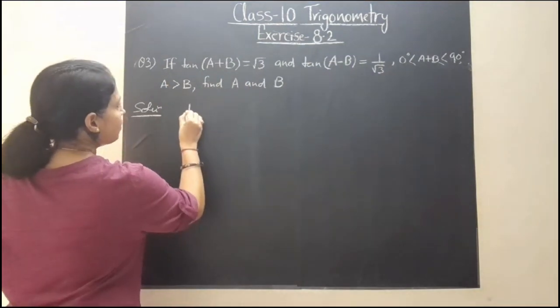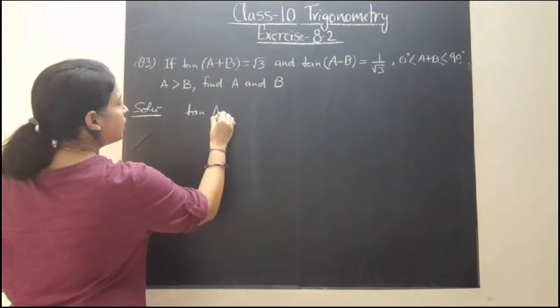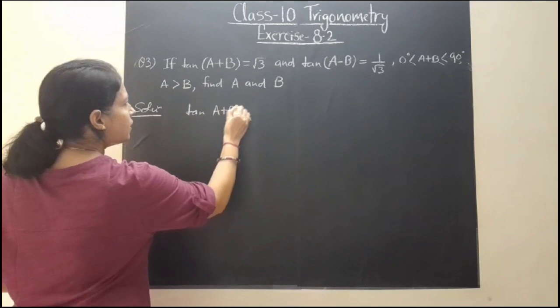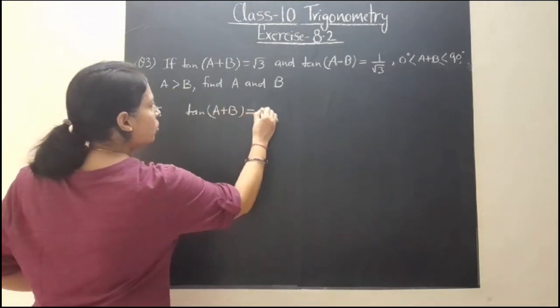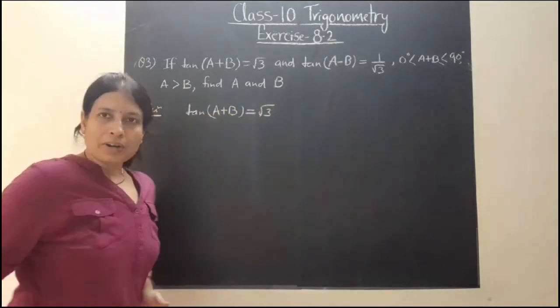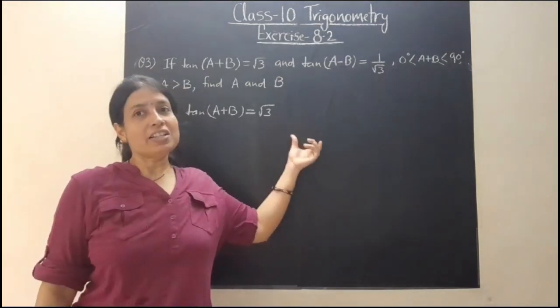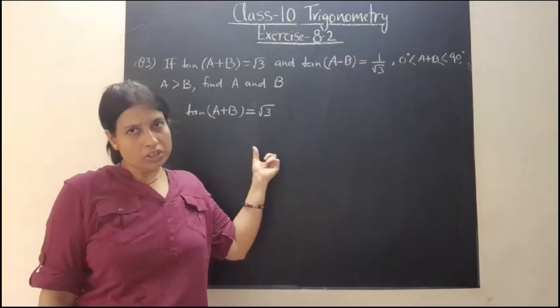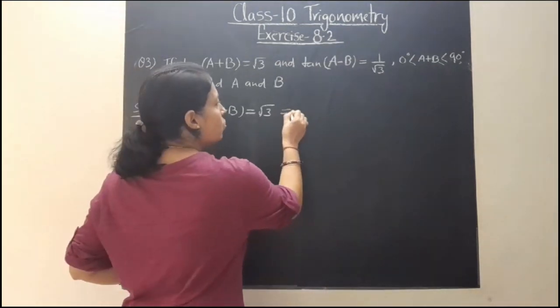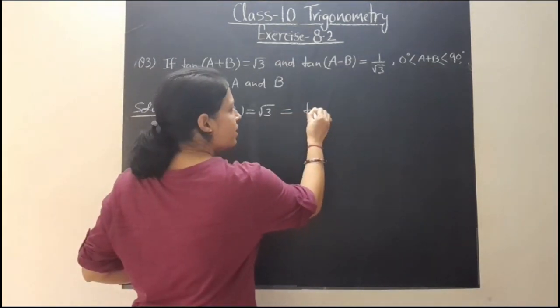Given that, first write tan A plus B is equal to root 3. What is the value of root 3 in tan? We know that tan 60 is equal to root 3. So write here root 3 is equal to tan 60.